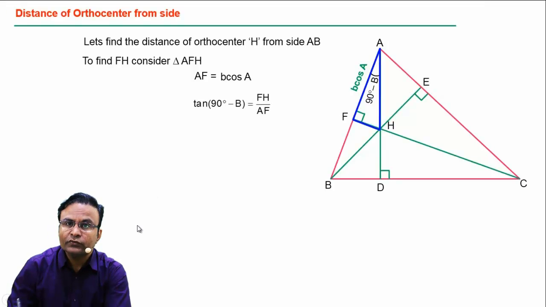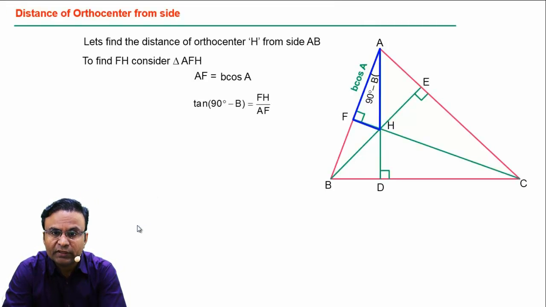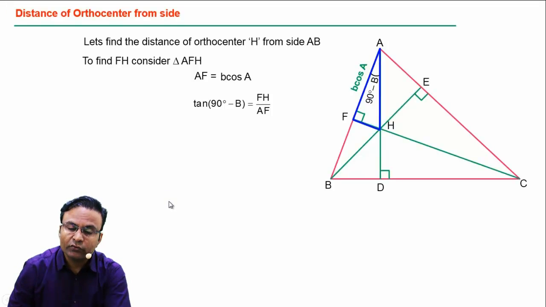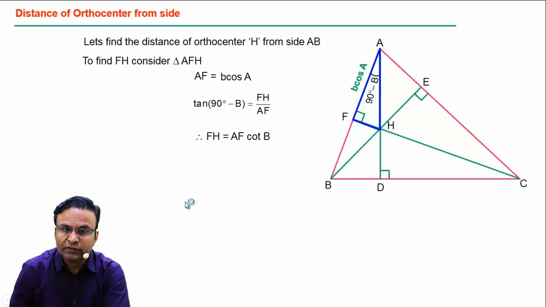For that, we use tan(90 minus B) is equal to opposite side FH upon adjacent side AF. Now we know the value of AF, which is b cos A. So put this value, and tan(90 minus B) is equal to cot B. So we have FH is equal to AF cot B. Putting the value of AF, we have FH is equal to b cos A cot B. Let's convert cot B into cos and sine.